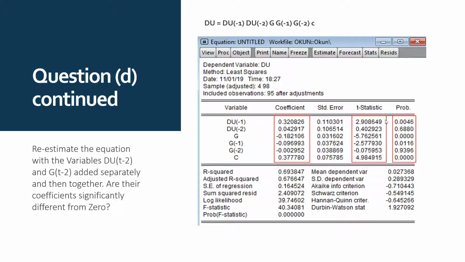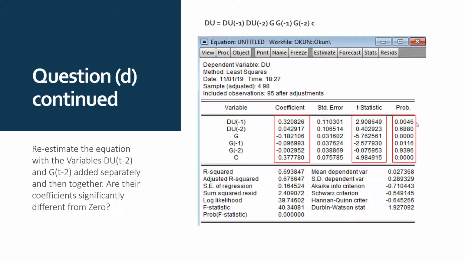Here at our t-statistic, once again, we can reject the null hypothesis, apart from the minus 2 lags. That's to say that there is no impact on unemployment, or that the coefficients are equal to 0.